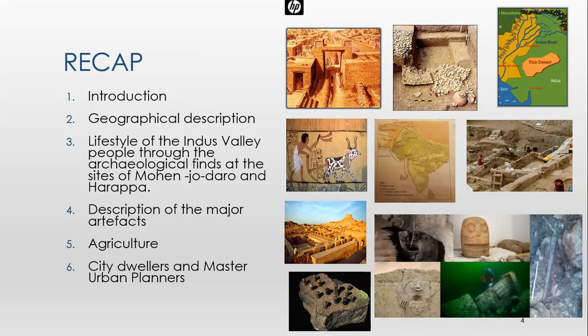The main point we covered was about the city developers and master urban planners: their cities were well developed, usually consisting of dwelling areas, large buildings, as well as the Great Baths, and they had a proper drainage system.